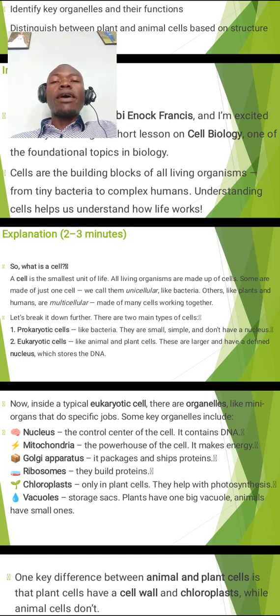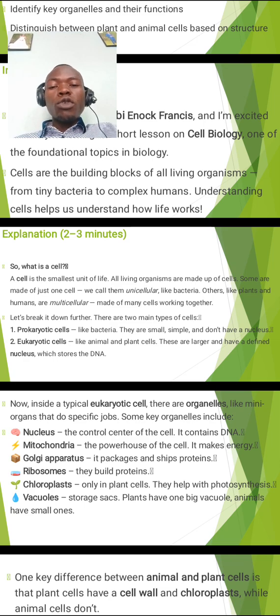Some of them are made up of just one cell, which we call unicellular. Others are made up of many cells, which we call multicellular, for example, plants and animals. So we have two types of cells, which also fall under two types of organisms. We have what we call prokaryotes.